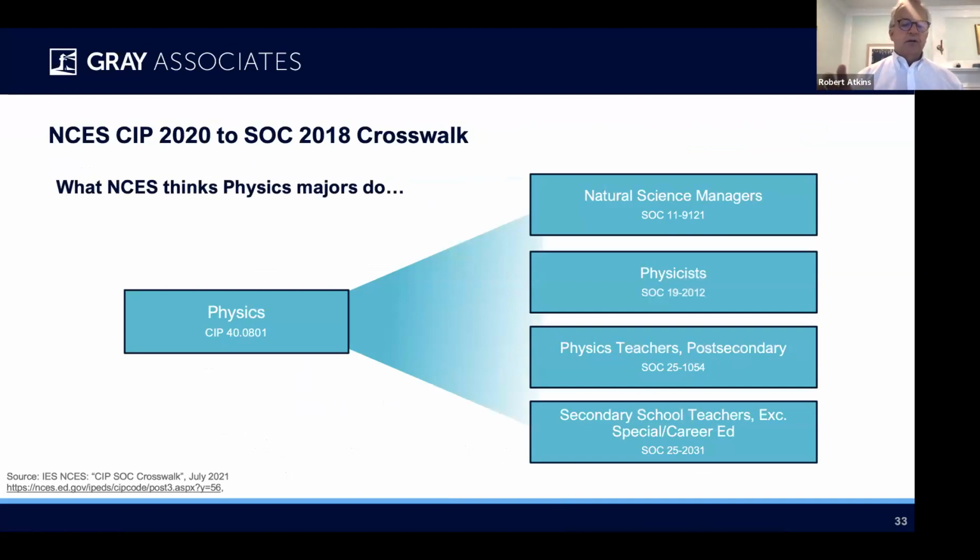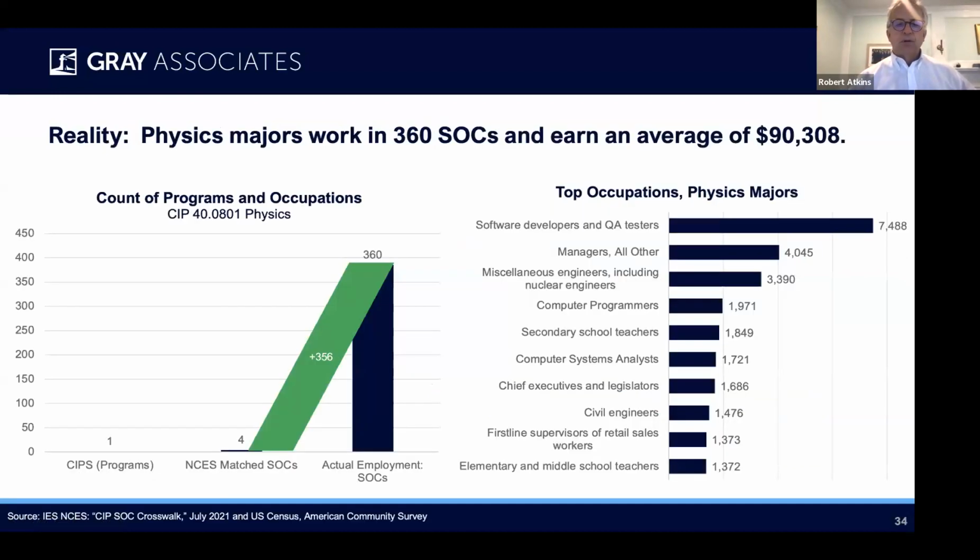Let's take an example. If you take that linear concept and ask, what should people who graduate with a degree in physics do? Well, there are four or five things that the National Center for Education Statistics thinks are relevant with that degree: natural science managers, physicists, that makes sense, physics teachers, and secondary school teachers. That's, however, a very limited view of the world.